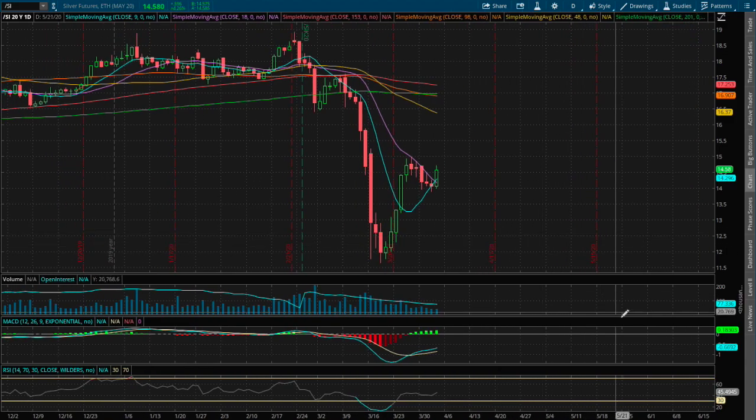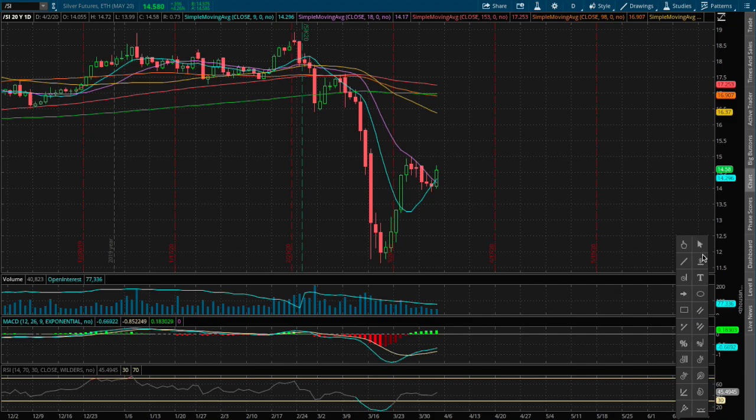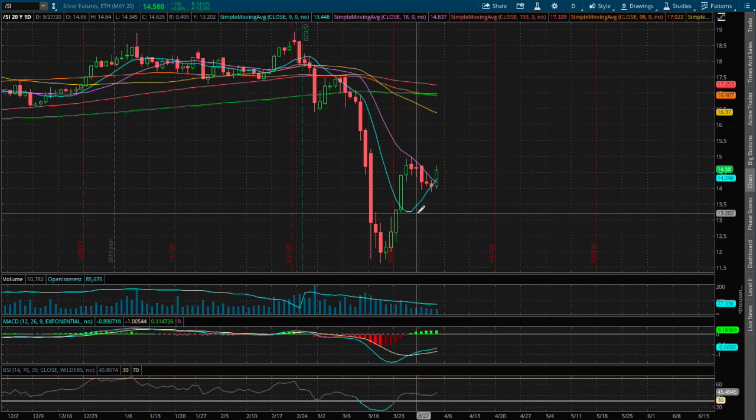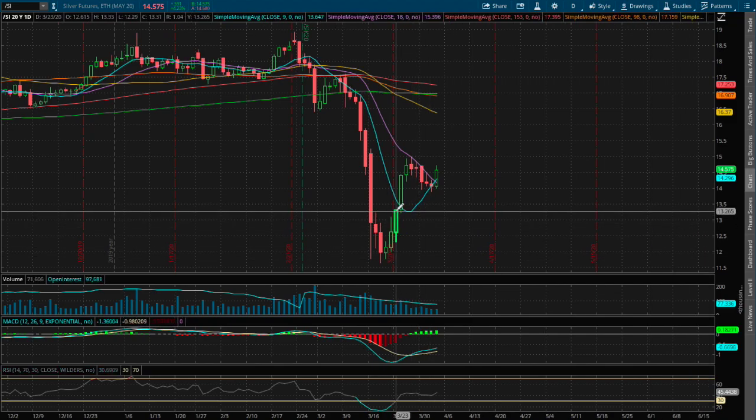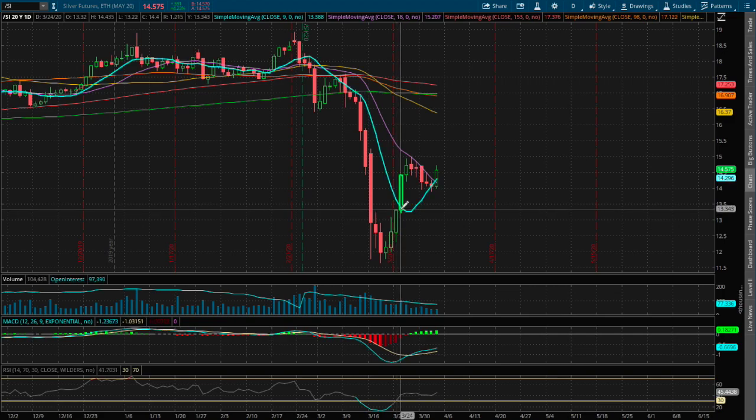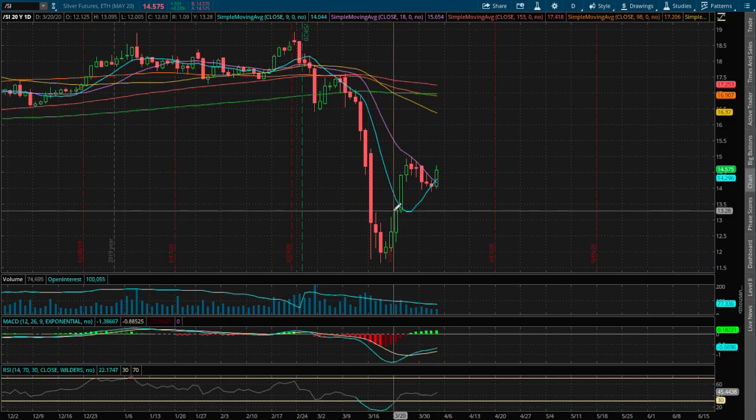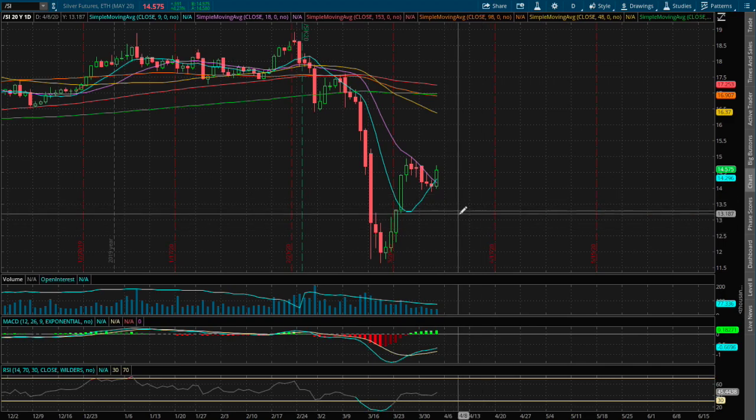So for support, the next support that I see will be where we made a temporary resistance between March 23rd and March 24th at around a price of $13.30. That is our next support.